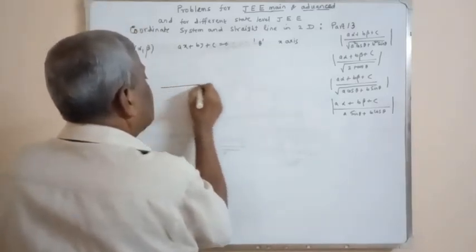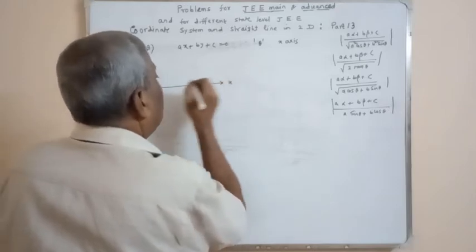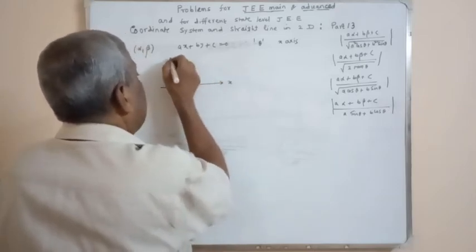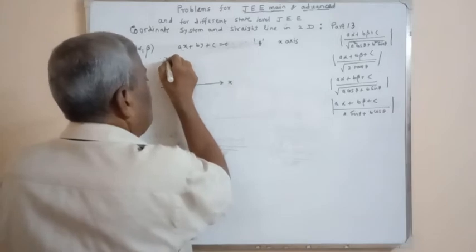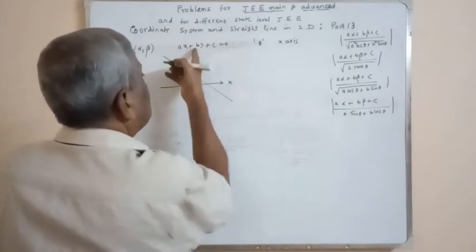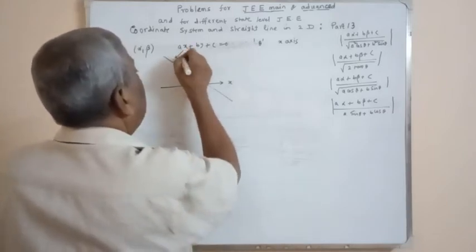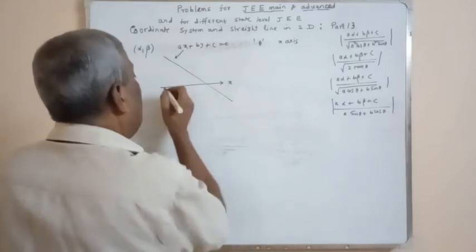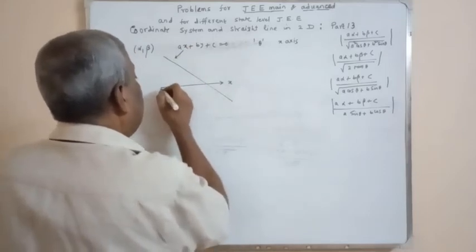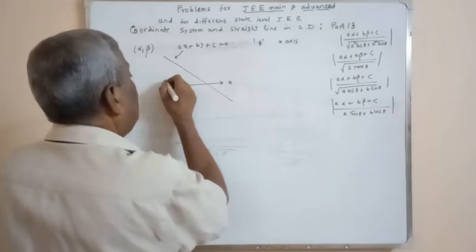Say this is x-axis. Say a straight line is this, ax plus by plus c, and (alpha, beta) is a point here.